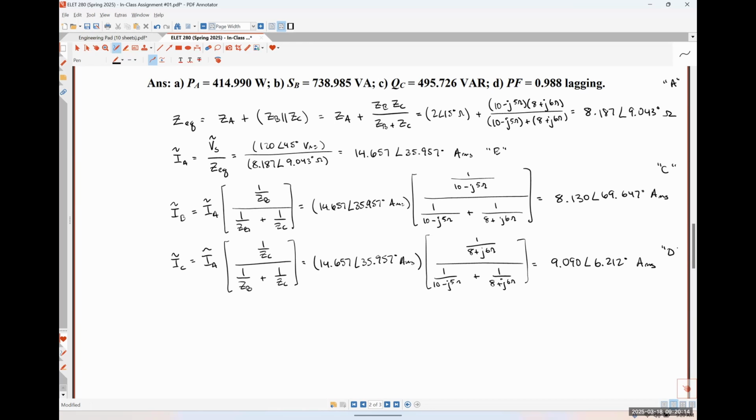And I'm going to store that guy as D. Anybody get that result? Good deal. Okay, so now that I know every current, how would I find those missing voltages?